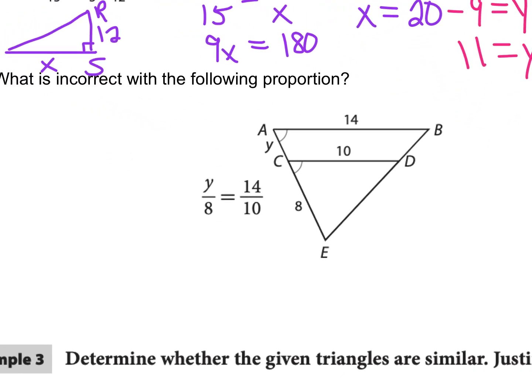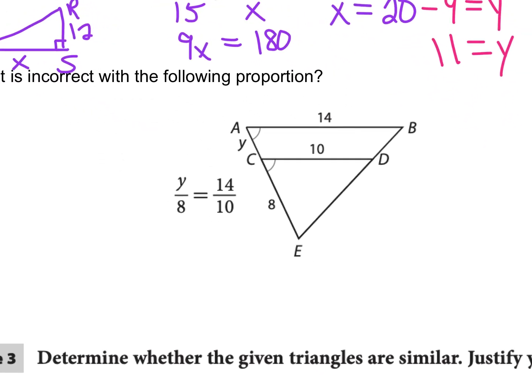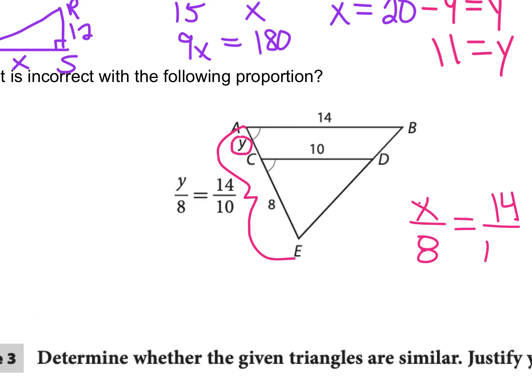Now, what is incorrect with the following proportion? Well, it's not just this little piece right here, okay? It's got to be the whole side. So it would be side is to side as bottom is to bottom.